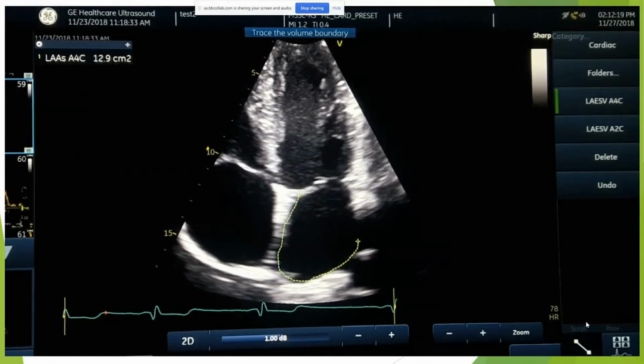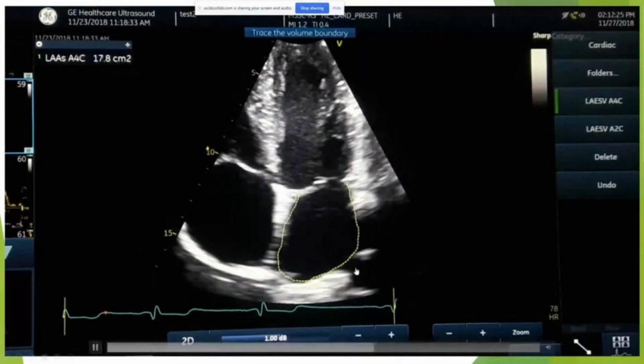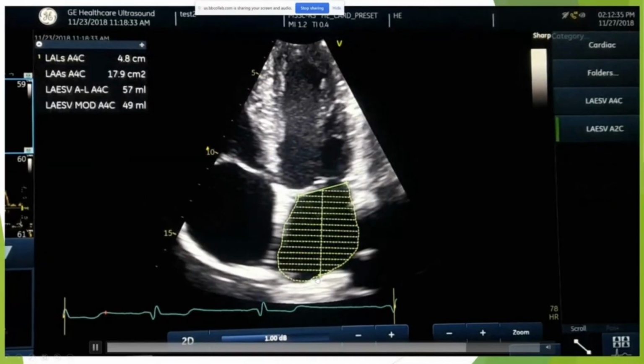And even here, as you see, the left auricle, you don't go there. I need you to notice how he's leaving out the pulmonary veins and this left atrial appendage. This is debatable. I can see why he did it, but I may have cut mine a little bit smaller than that. And then you repeat the same technique for apical 2-chamber.